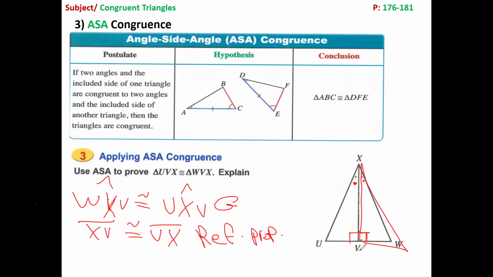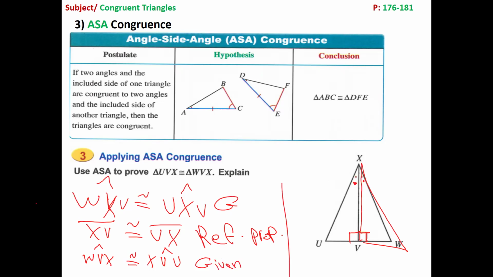So WVX is already congruent to, it's an angle, equal to XVU, or you can say UVX, same thing, angle. Why? Because it's again given.